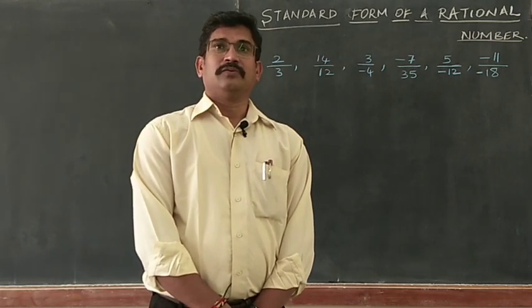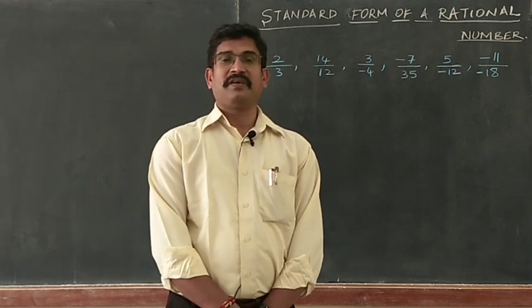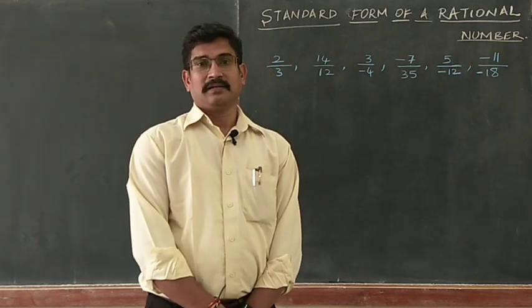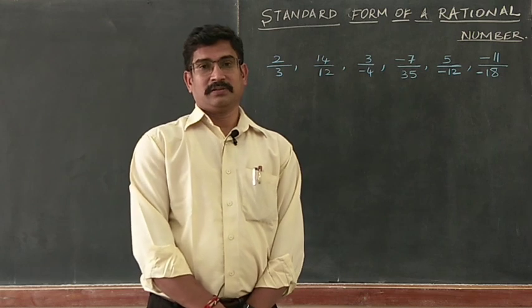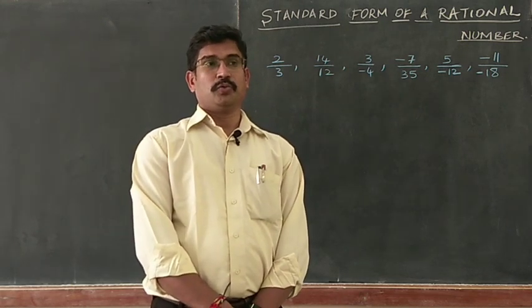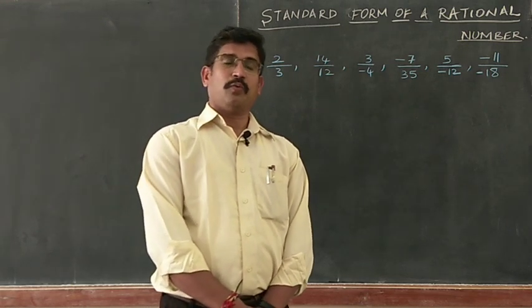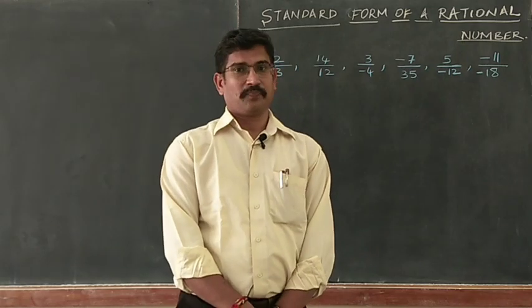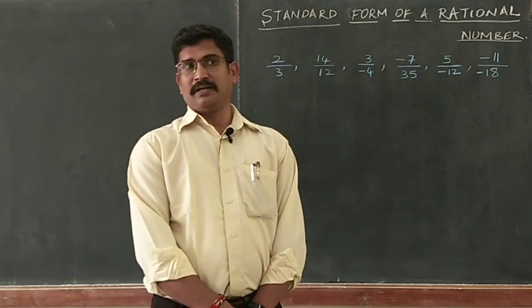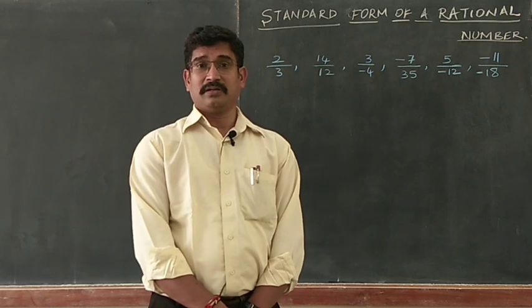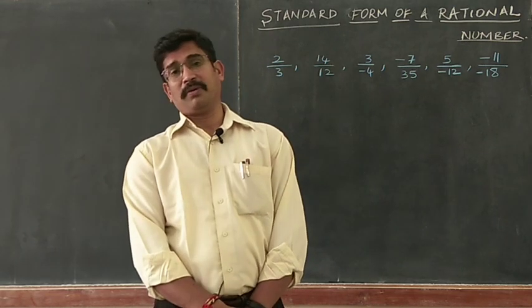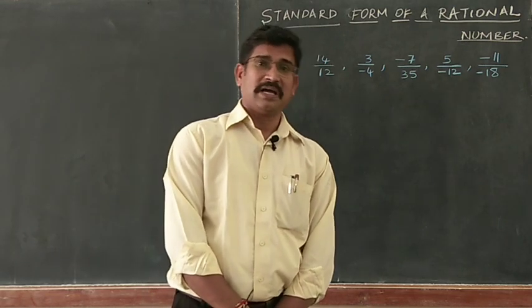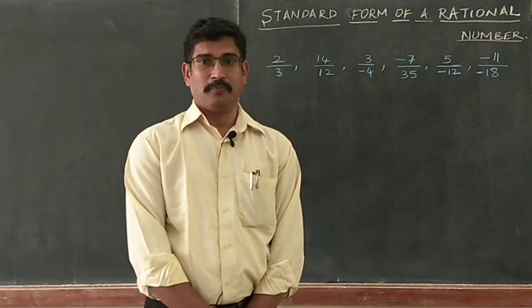We have seen in our previous sessions rational numbers can be subdivided into three types: positive rational numbers, negative rational numbers, and there is one rational number which belongs to neither positive nor negative rational numbers, that is 0.